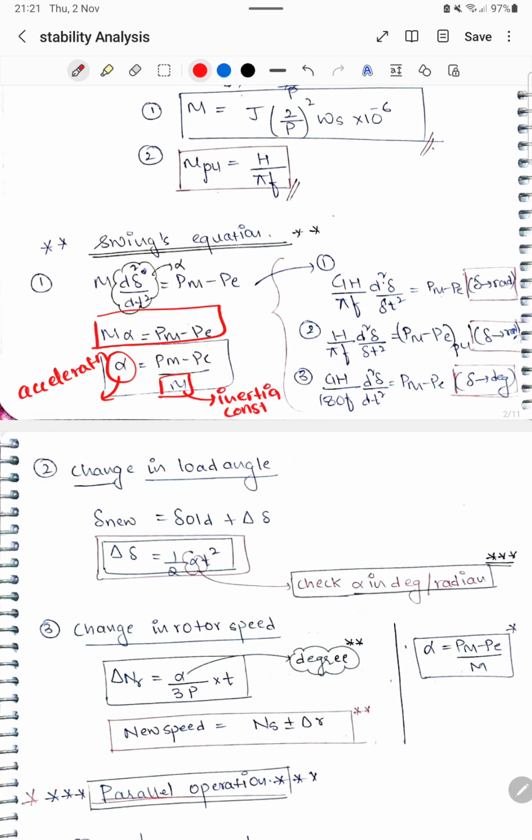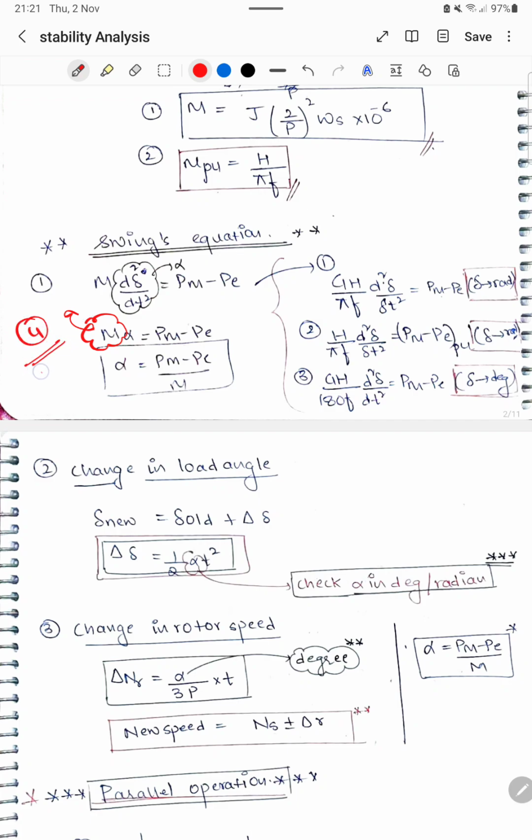Okay. So we can see this formula in a couple of formats. Those formats are the same as the number of formats for M. M we have seen in altogether 3 formats: M in radians, M in degrees, or M in per unit. So all 3 formulas can be used here also, and we can frame 3 equations for swing.